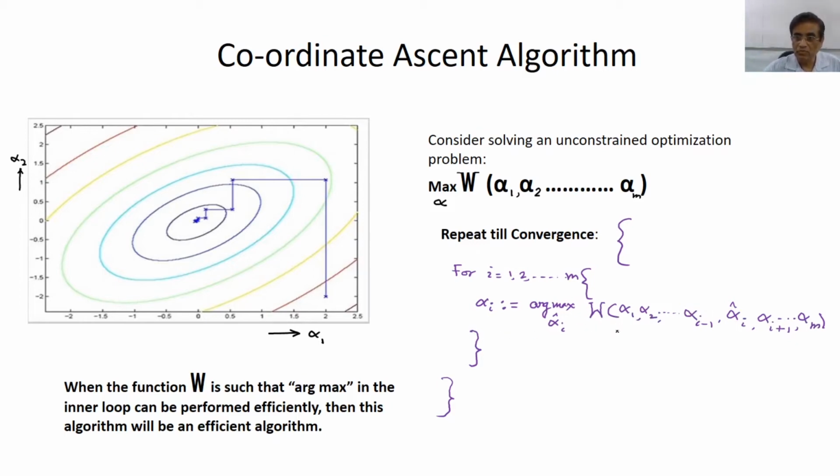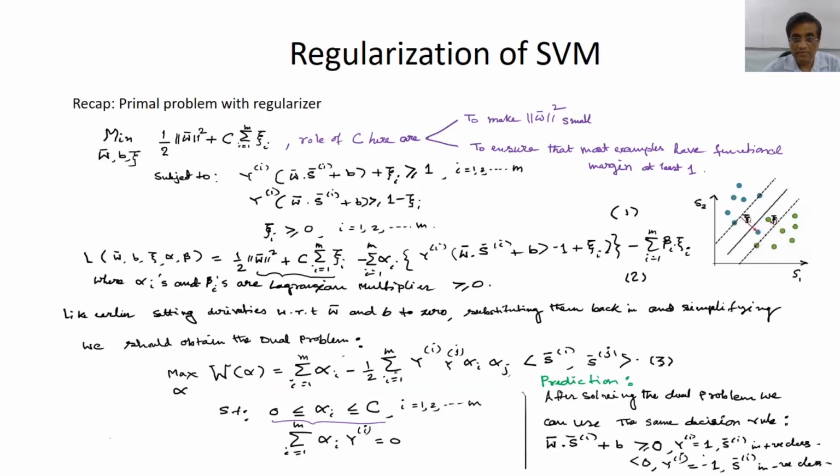So I told you how to optimize it. Is it clear to all of you? Because you see, we know W is a function. I will keep this notation to avoid confusion with parameter w.